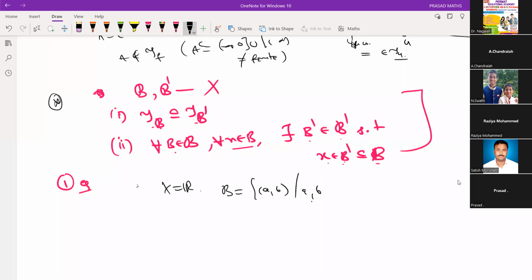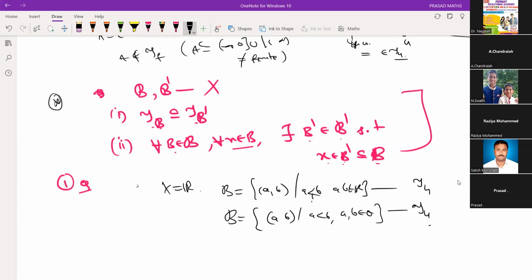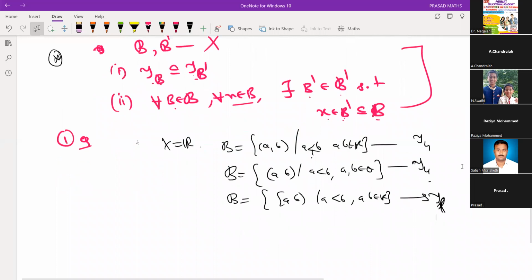These are standard arguments. This is an open base for the usual topology. Suppose you take this. This is also an open base for the usual topology, because I already told you this is an open base. We did it yesterday. And we have seen that this is an open base for lower limit. We have seen this.